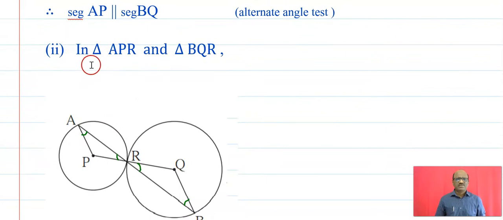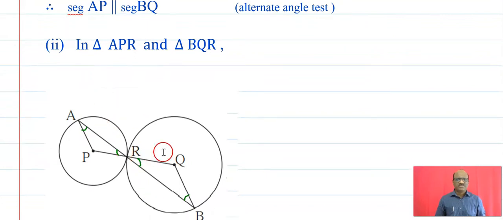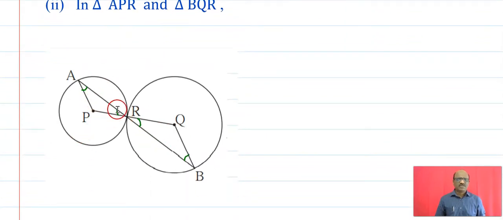Next, we'll show that these two triangles are similar. Angle PRA is congruent to angle QRB. These are the vertically opposite angles, and also angle PAR is congruent to angle QBR, because these two are congruent.